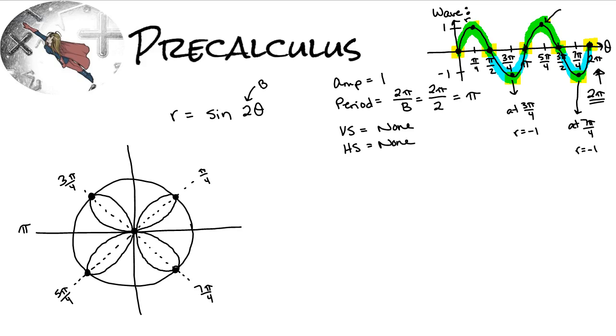Here's how we exactly did it too. We went like this and then back to 0. Then, because of negative radius, it went like this next. Then it went, let me think here, it went from pi to pi over 4, so it went like this next and back to the origin.